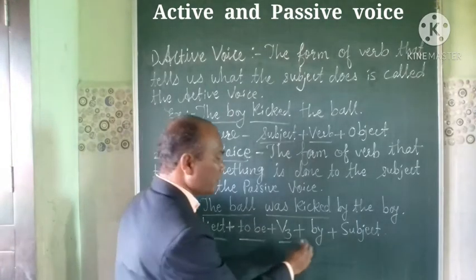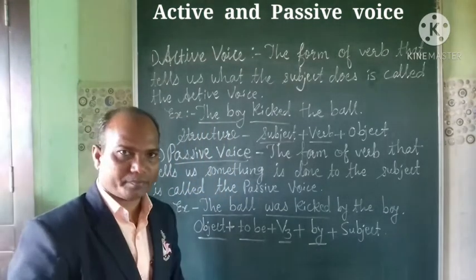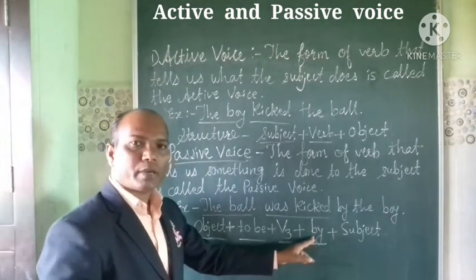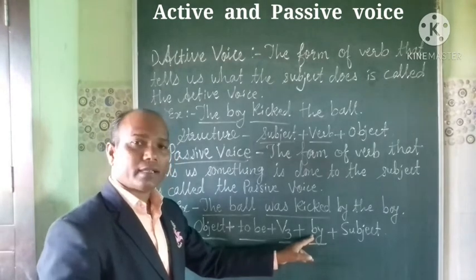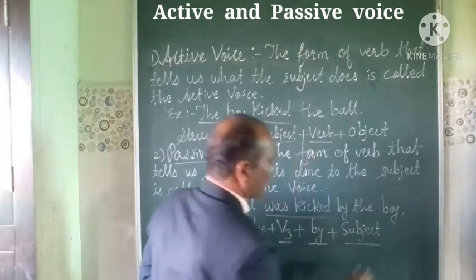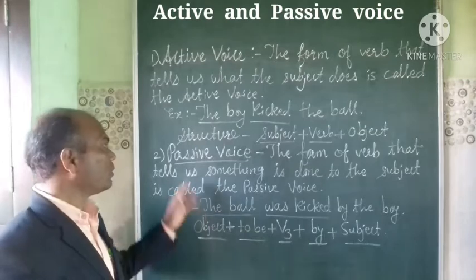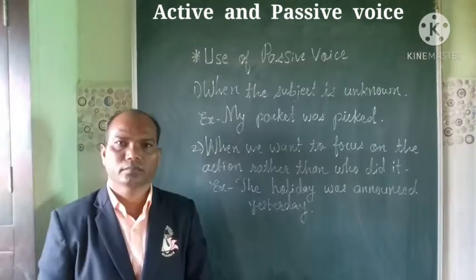After the third form of the verb, we have to use the preposition by. And lastly, we have to write the subject. This is the general structure of a passive voice sentence.